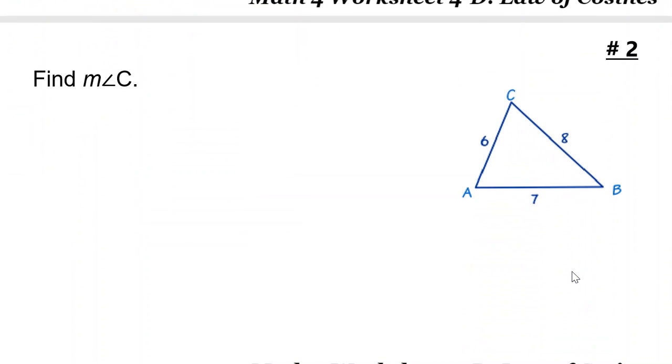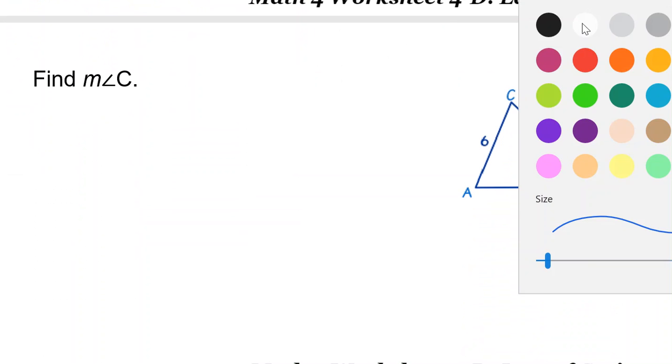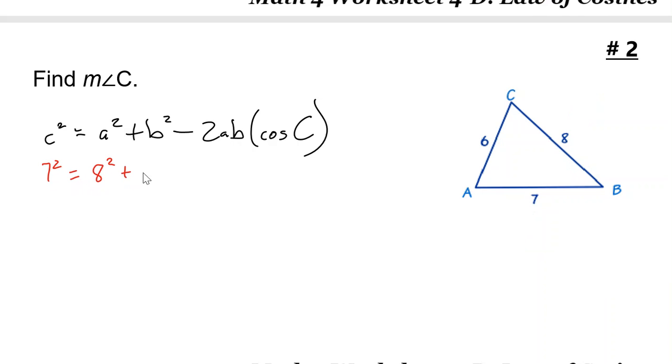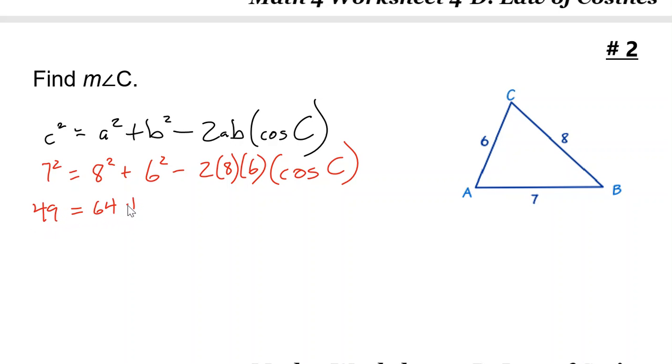Number two, all we have to do is find angle C. So we're going to use this formula. Cosine of big C. And then we'll plug in what we've got. Little c is 7. Little a is 8. Little b is 6. And cosine c is what we don't know. So we're going to say 49 plus 64 plus 36 minus 2 times 8 is 16. 16 times 6 is 96.